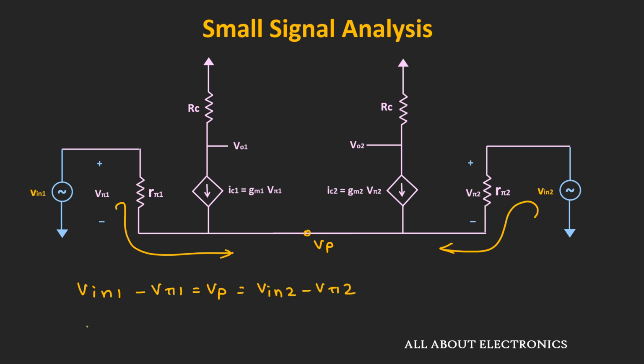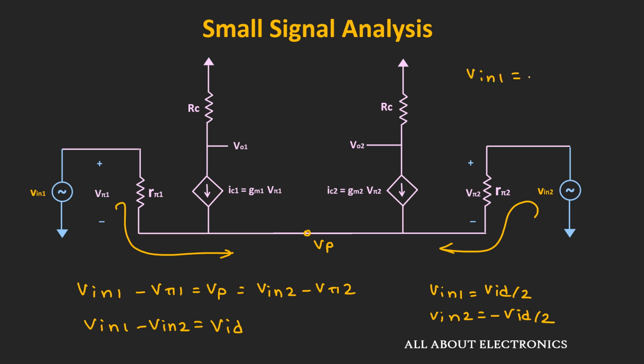And here this Vin1 minus Vin2 is the differential input voltage. Let's call it the VID. So here let's say this Vin1 is equal to VID divided by 2, while this Vin2 is equal to minus VID divided by 2. That means here this Vin1 is equal to minus Vin2.